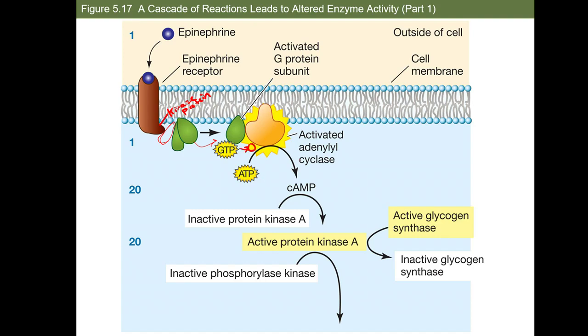So now ATP gets turned into cyclic AMP, which then activates the inactive kinase A. The active kinase A deactivates the glycogen synthase and activates the phosphorylase kinase. So this does 1 thing, this does 1 thing, and this does 1 thing, and then it does 2 things. So it has an exponential response.